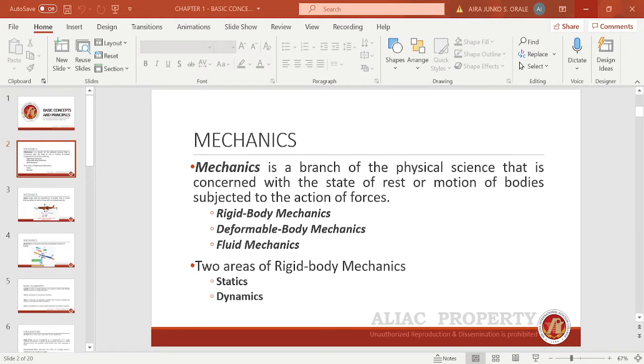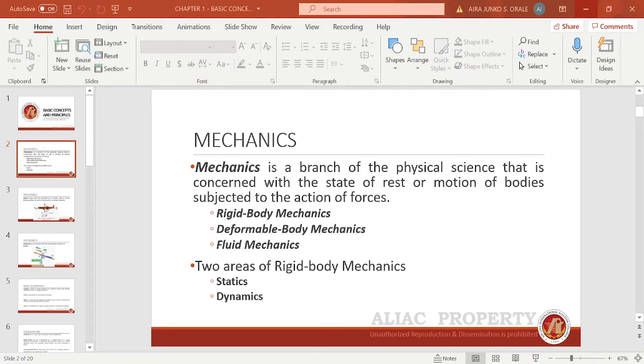So what do we mean by mechanics? Mechanics is a branch of physics or physical science that is concerned with the state of rest or motion of bodies subjected to the action of forces.